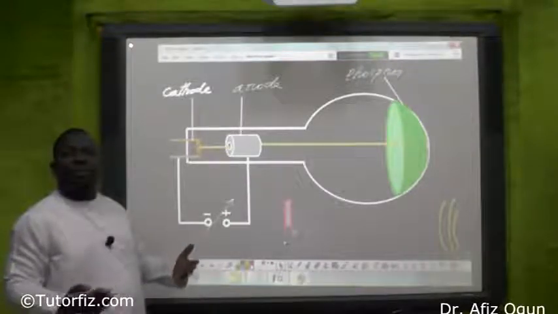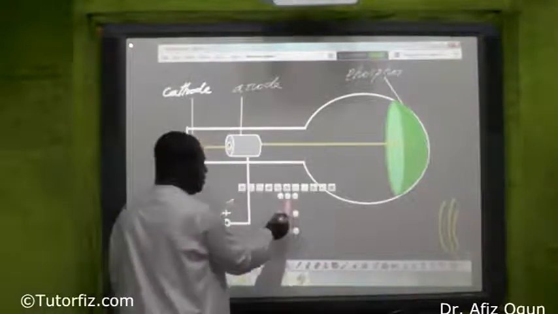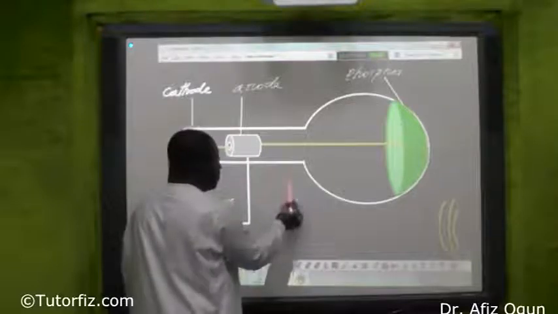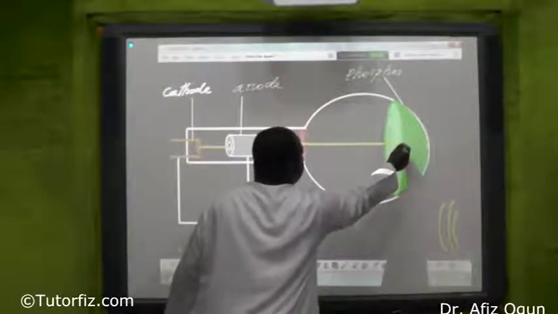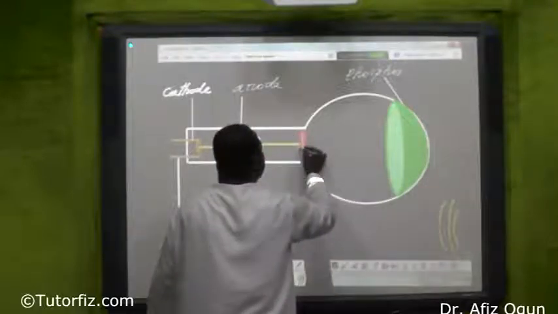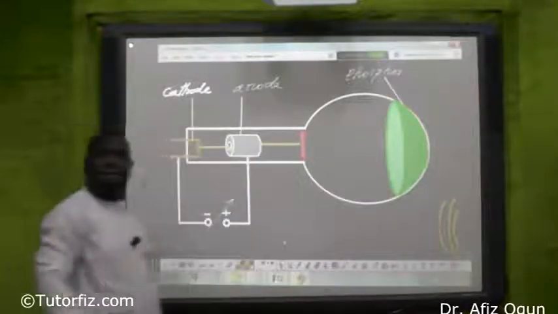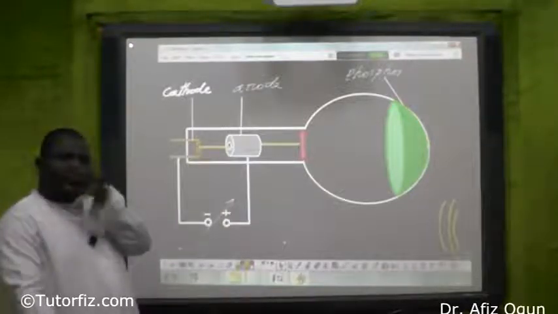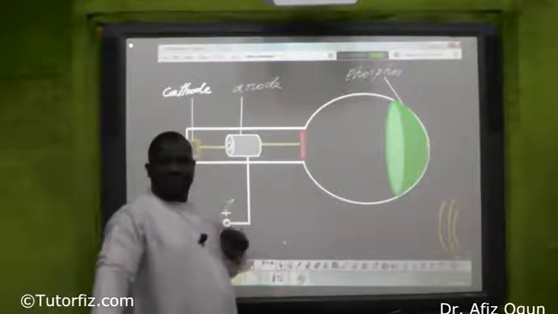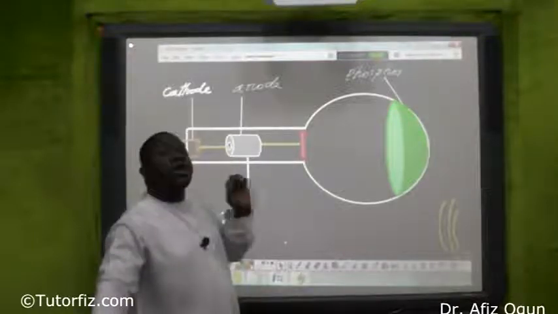What we do today is we place graphite there.